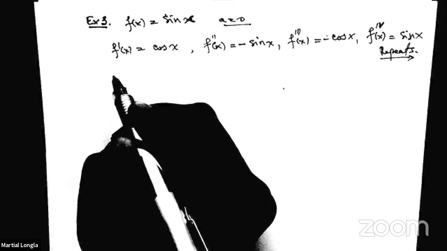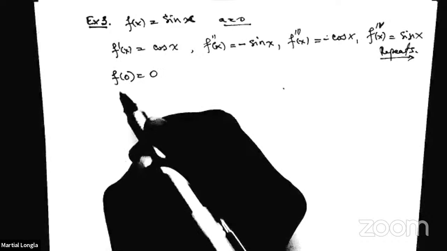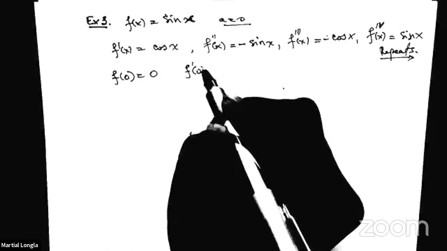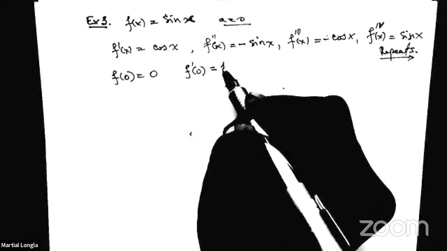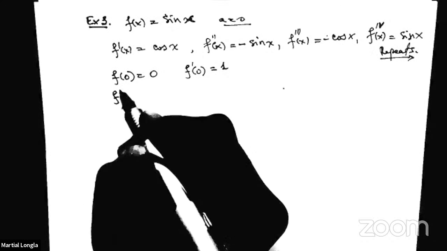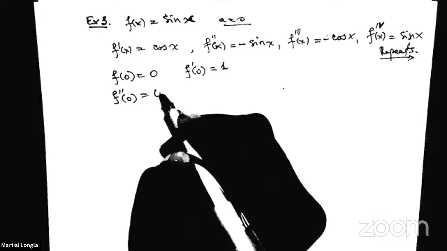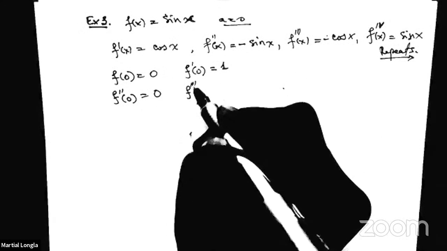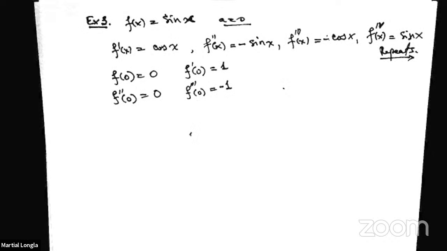Now, f of 0, sine 0 is 0. F prime of 0, that's cosine of 0, that's 1. Second derivative at 0, negative sine of 0, that's 0. Third derivative at 0, that's negative cosine of 0, that's negative 1.